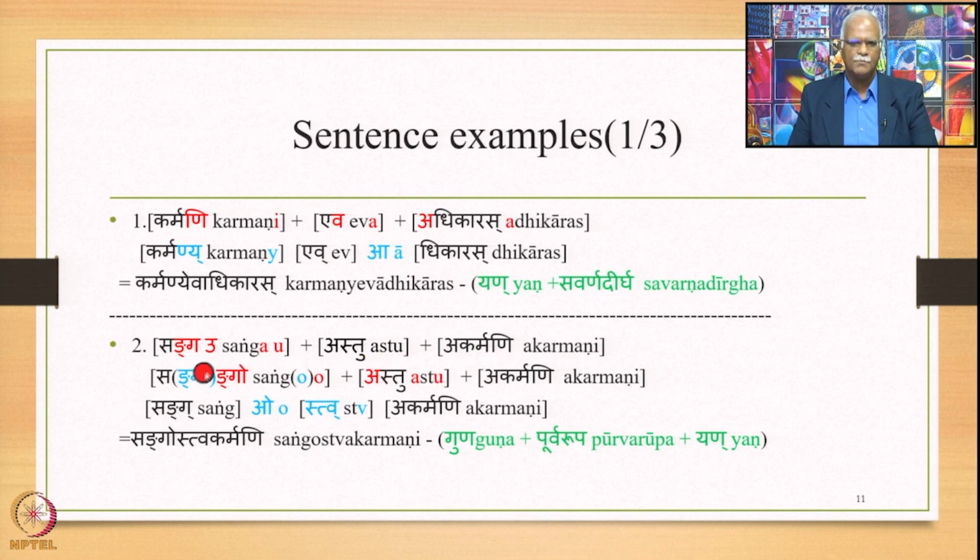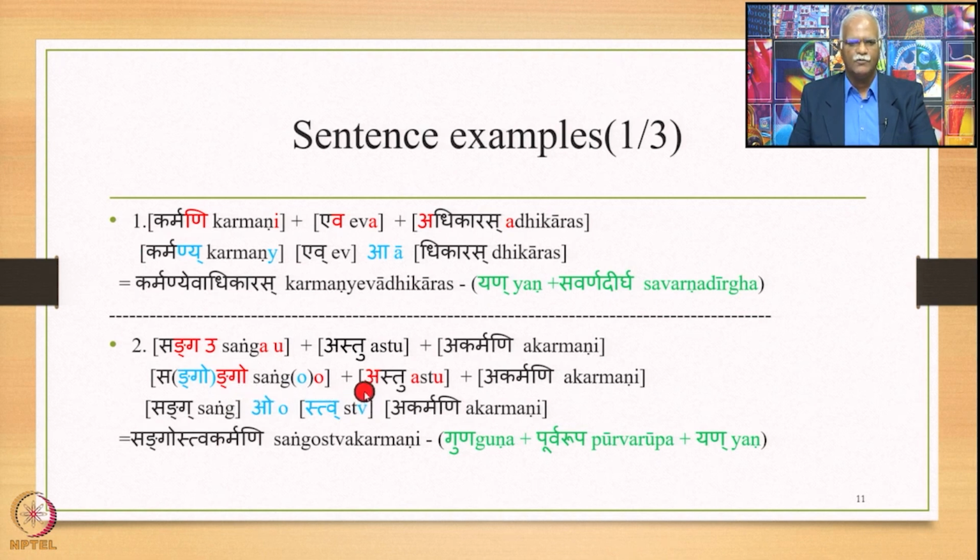So now this sanga plus u, and you have the scope of application of guna. So guna taking place, and so sango, this is the output generated within a pada. Now after this becomes o, now this a, which is the right hand side environment, comes into play, and now this o and a, o coming at the end of the pada, a coming at the beginning of the pada.